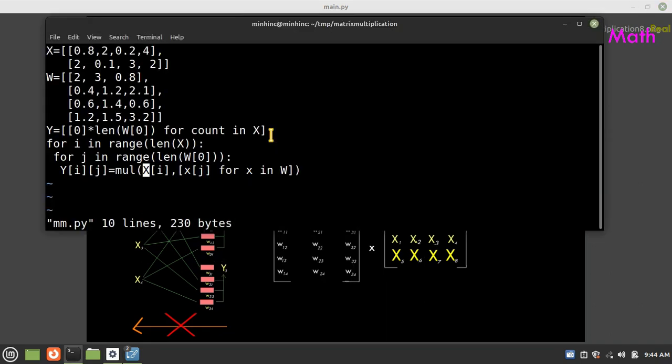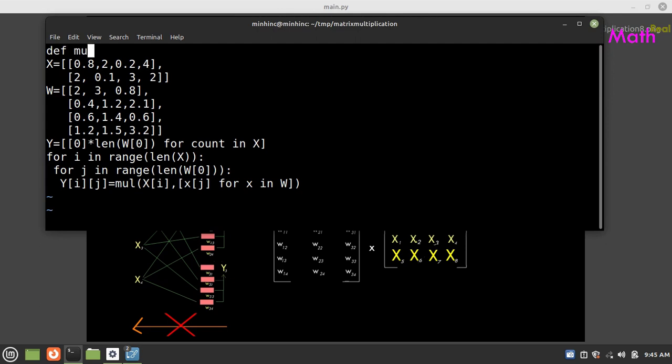So in the program, what we are doing is x i, if i is 0, this is the first row element, and we iterate in w, and if j is 0 means first column, all first column in the w would come, and it becomes one array, and the other becomes the second array. These two arrays will multiply and add, so we'll have a function now.